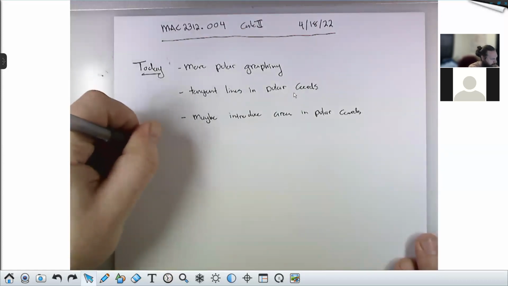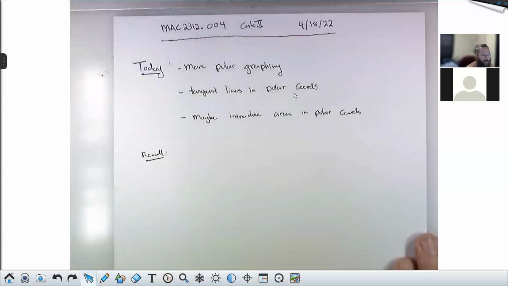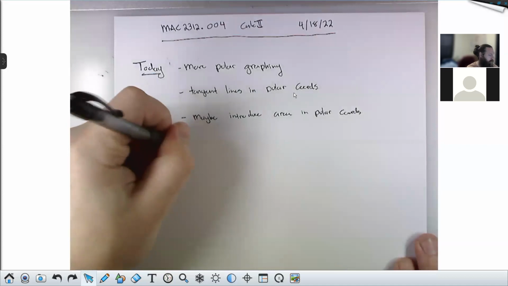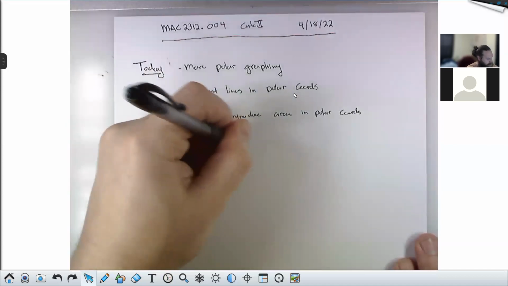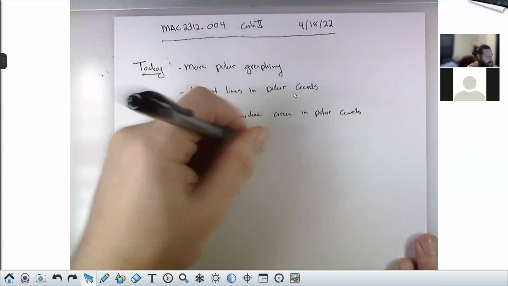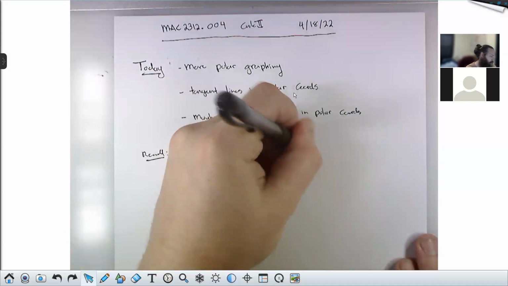So, recall the general procedure to sketch a curve in polar coordinates, so r is some function of theta.